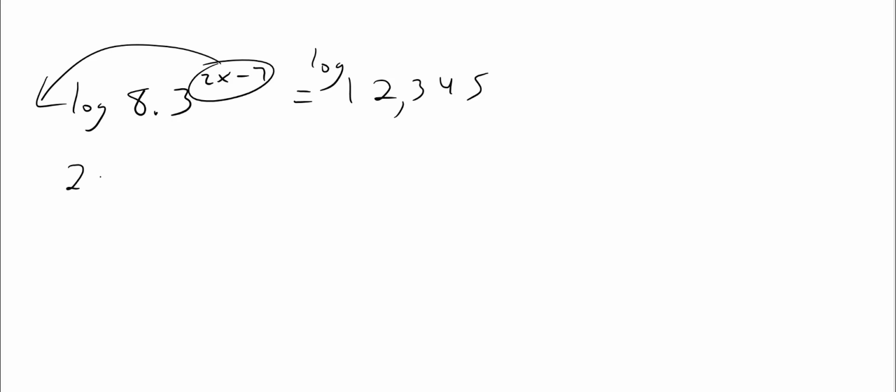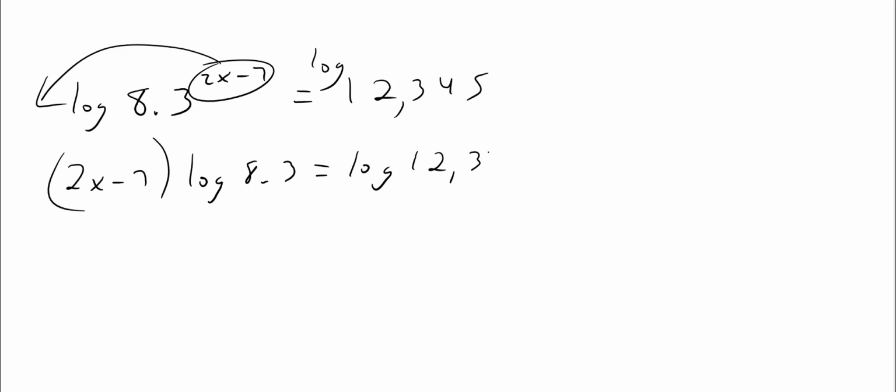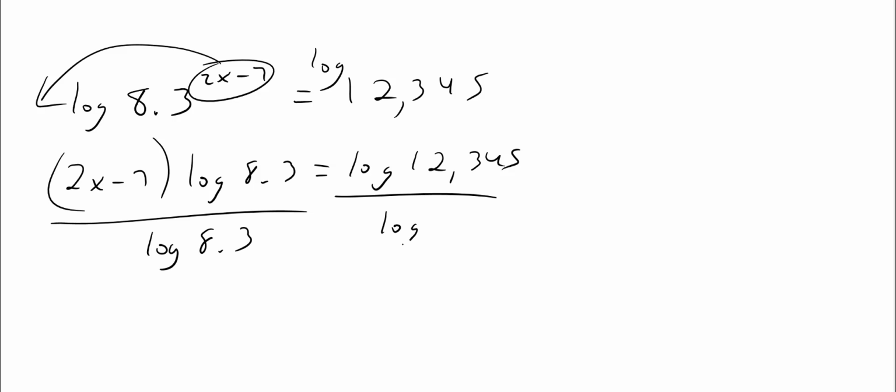So I get 2x minus 7 times log of 8.3 equals log of 12,345. Divide both sides by log of 8.3. And we get 2x minus 7 equals, type that in, log of 12,345 divided by log of 8.3.